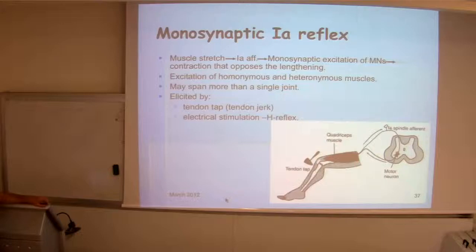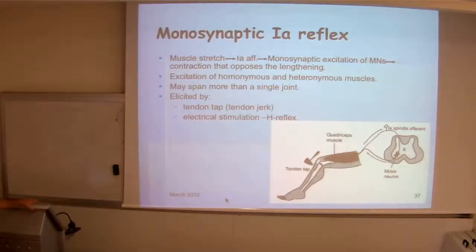The information goes through this IA fiber, whose cell body is in the dorsal root ganglion, into the spinal cord through the dorsal root and makes a synapse onto motor neurons that are innervating the same muscle. And when these motor neurons are activated, the muscle is contracted. Right? So you stretch the muscle and it contracts back. And this is the thing that your doctor will check when they tap underneath the knee.